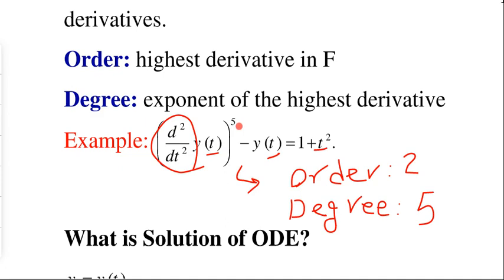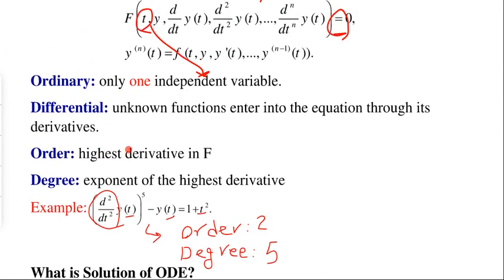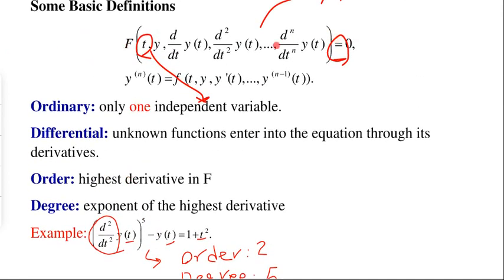Degree will be 5. Order will be 2. Let me explain again. Here we have an ordinary differential equation because we have just one independent variable. This equation is a differential equation because we have some derivatives in our equation. Order is the highest derivative. Degree is the exponent of the highest derivative.